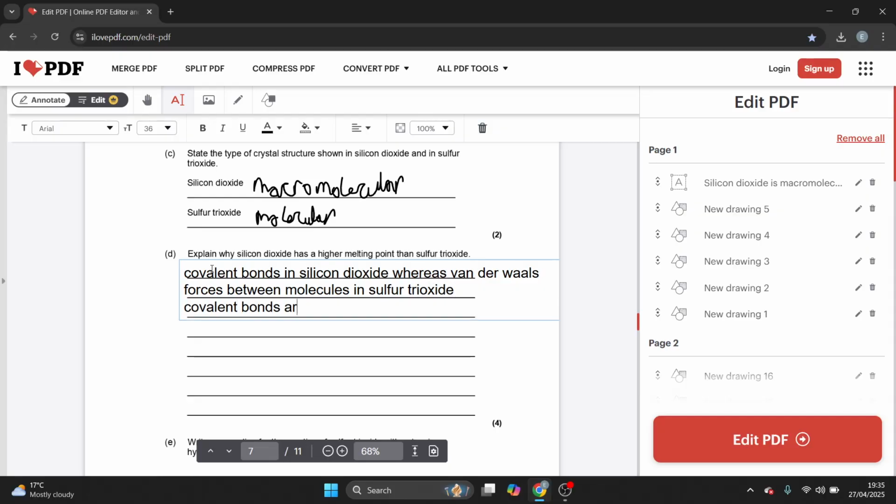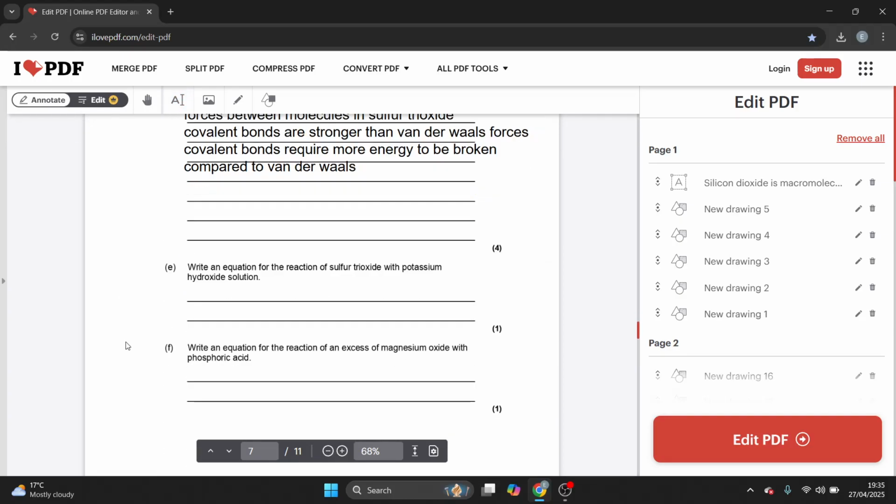Covalent bonds are stronger than van der Waals forces. Covalent bonds require more energy to be broken compared to van der Waals. Don't want to waffle too much.